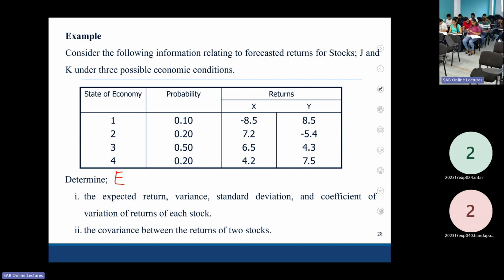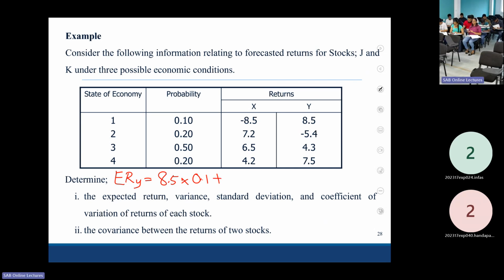So let's calculate the expected return of stock Y. Expected return of stock Y is equal to the forecasted return under state of economy 1, probability of happening is 0.1.